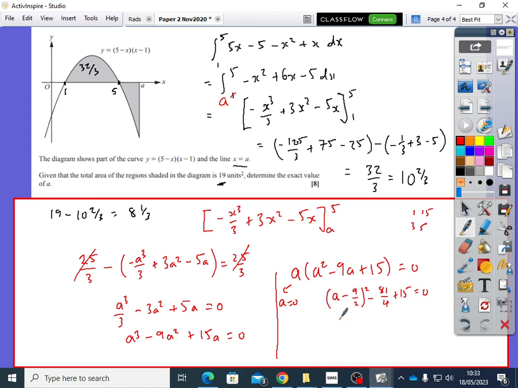So I'm going to get a minus 9 over 2 squared is going to give me 21 over 4, and if I get rid of this square by square rooting all this, which will give me root 21 over, and that's going to be a plus or a minus, over 2. Then I can take the minus 9 over 2 over, so a would equal 9 over 2 plus or minus root 21 over 2.